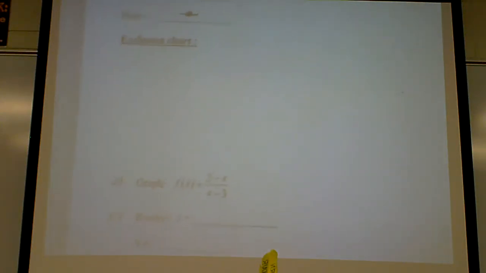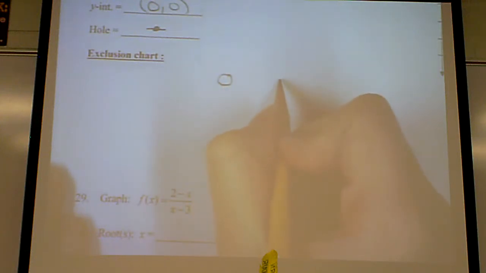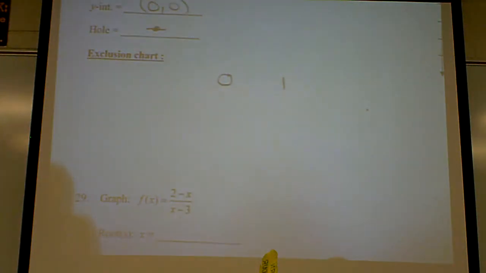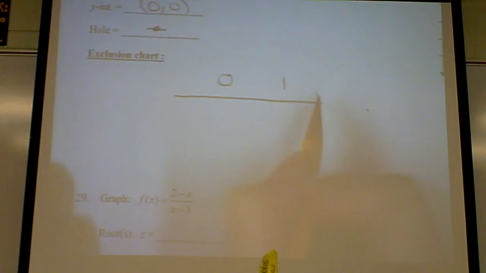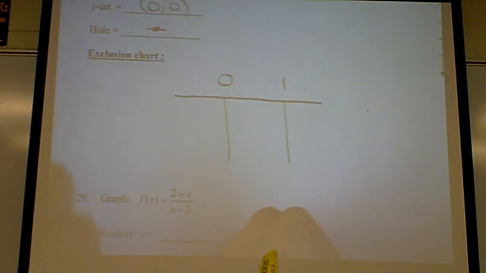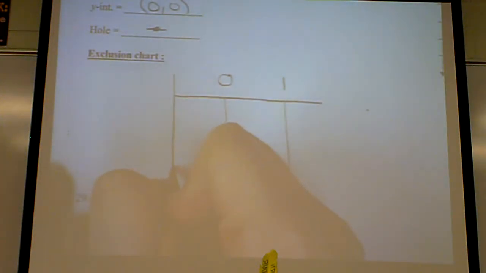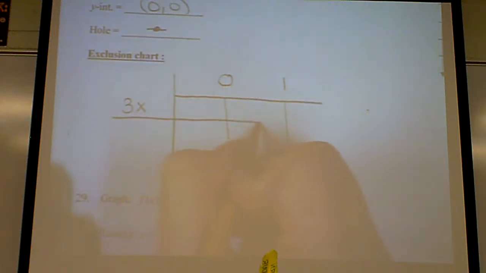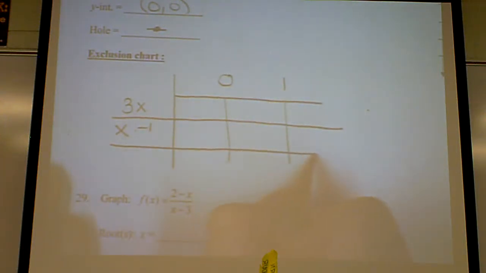Okay, let's make our chart. So we have our zeros, our critical value points of 0 and 1. And what are my factors? 3x, x minus 1, and then I write f of x.